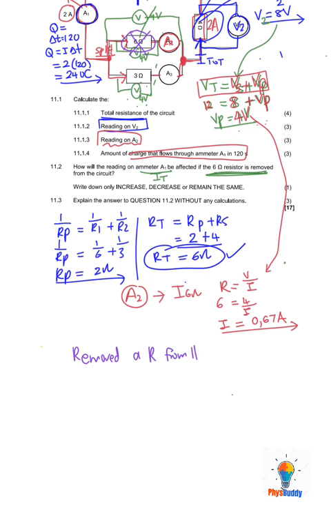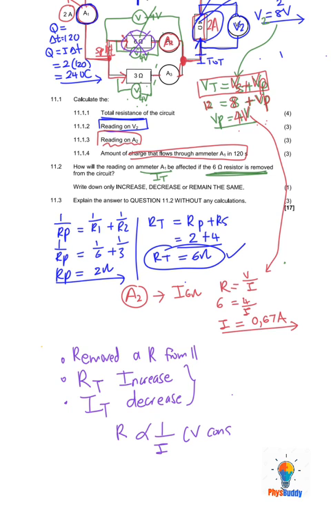And removing a resistor from parallel, our total resistance would increase. And we know that if the total resistance increases, then the total current would decrease. The reason is because the resistance is inversely proportional to current when the voltage is constant. The total voltage in the circuit has not changed. And the total resistance increased, so therefore the total current would decrease.